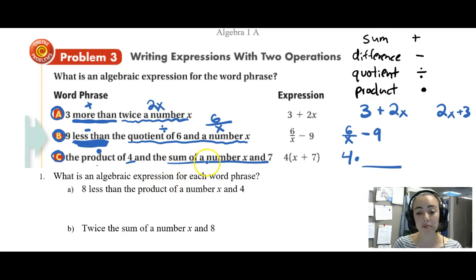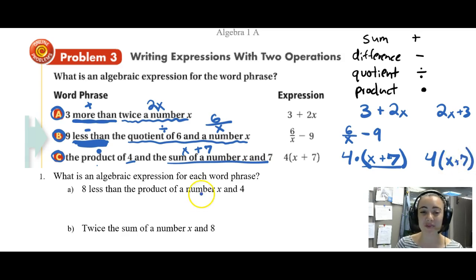That's the sum of a number x and 7. Sum is addition, and we're adding x plus 7. So it's 4 times x plus 7. Now we can't write it just like that, because we want to say the product of two things, 4 and x plus 7. It's all together, so that's why you put grouping symbols, or parentheses, around that.